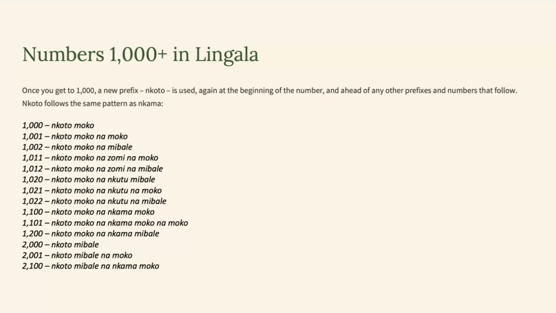Nkoto moko, nkoto moko na moko, nkoto moko na mibale, nkoto moko na zomi na moko, nkoto moko na zomi na mibale, nkoto moko na ntuku mibale, nkoto moko na ntuku na moko, nkoto moko na ntuku na mibale, nkoto moko na nkama moko, nkoto moko na nkama moko na moko, nkoto moko na nkama mibale, nkoto mibale, nkoto mibale na moko, nkoto mibale na nkama moko, etc.